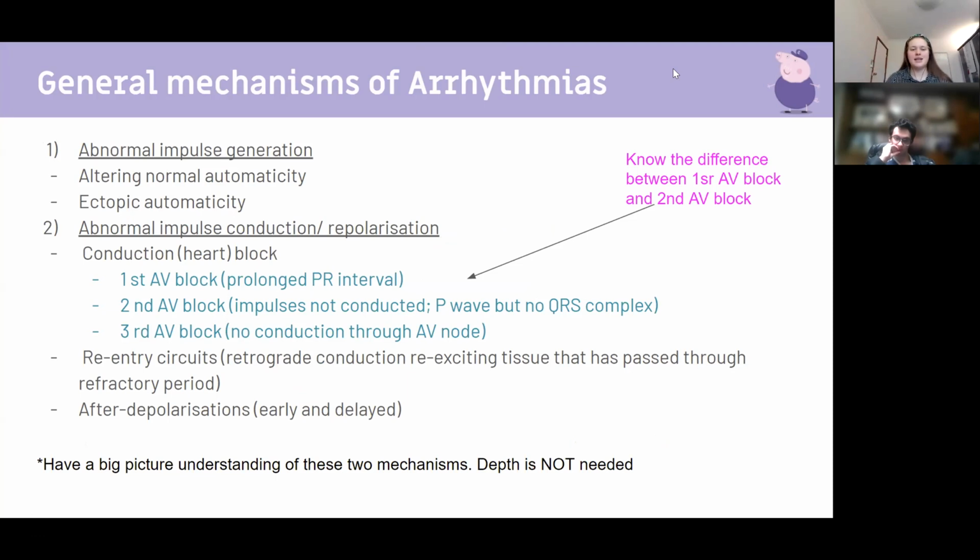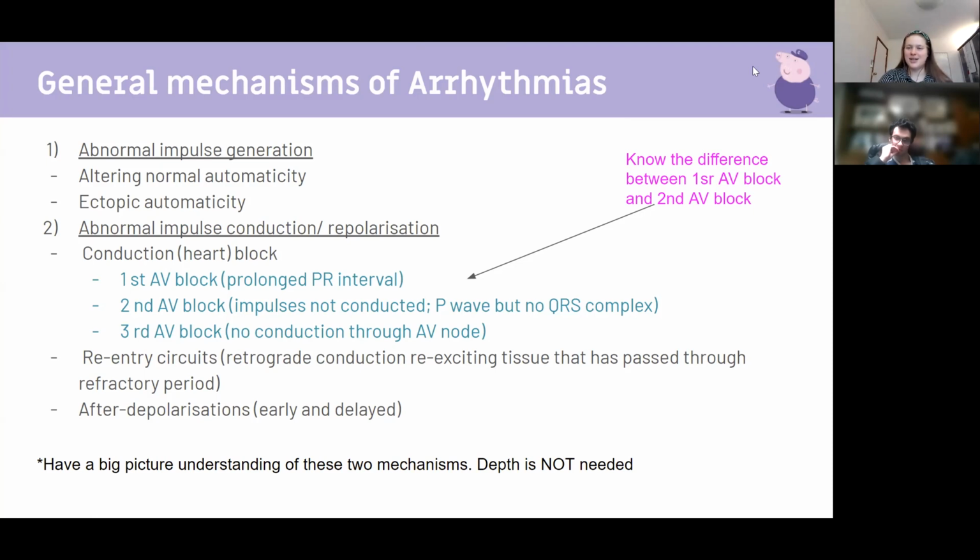In relation to heart block, I've listed first degree AV, second degree AV, and third degree AV. Make sure you have a good understanding of these, particularly the difference between first and second degree in terms of how you can spot it on an ECG, because I remember it comes up a little bit, at least in the SIP, and I'm pretty sure in the exam or practice exams.